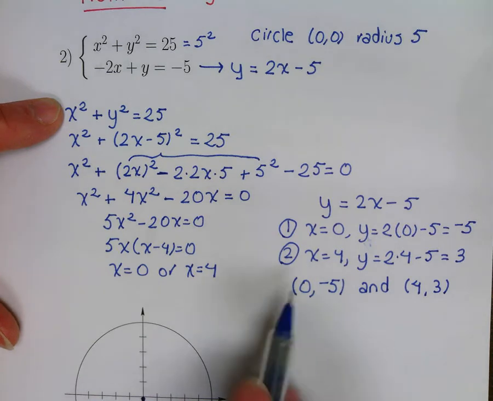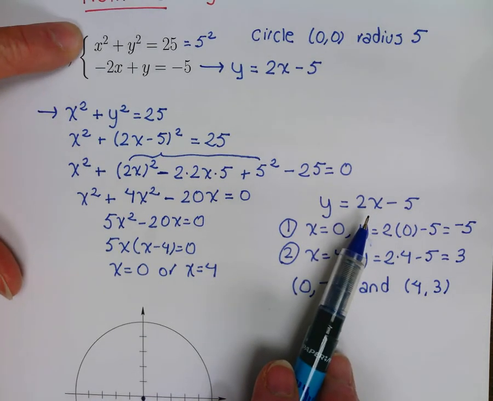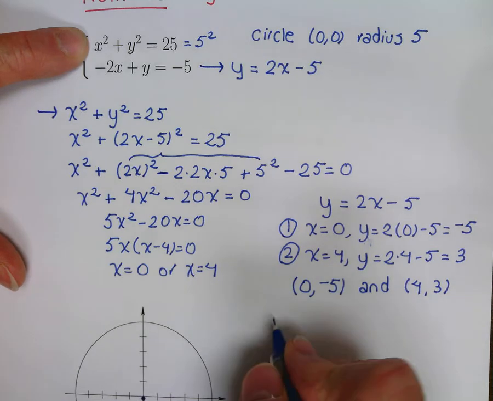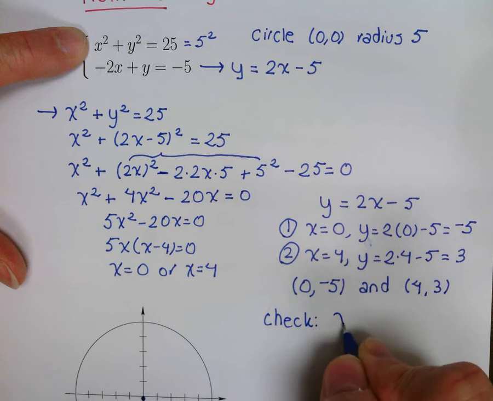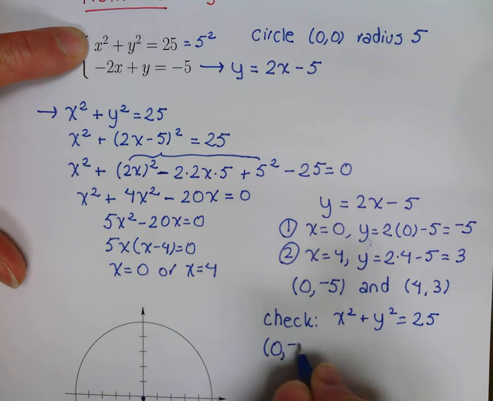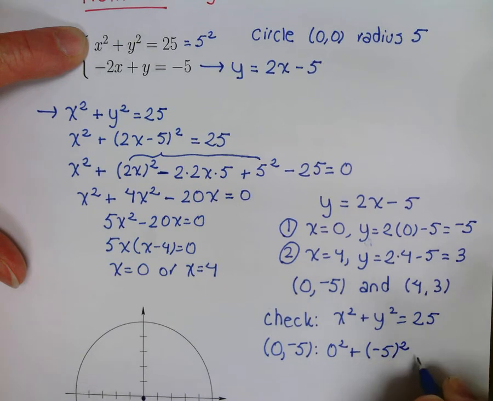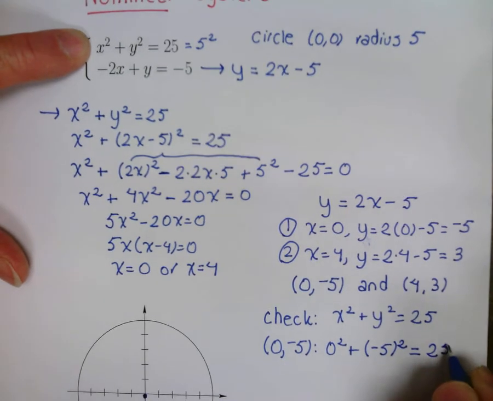Now I want to check those. How do I check those? We came up with these solutions using the second equation, so I'll plug them into the first equation. So we're looking at x squared plus y squared equals 25. And if I use 0, negative 5, 0 squared plus negative 5, the quantity squared, sure enough, equals 25.